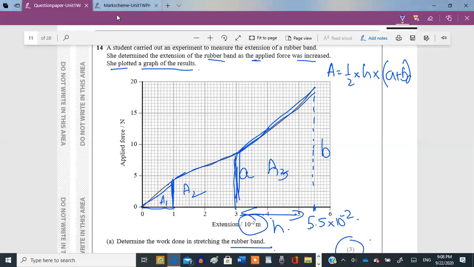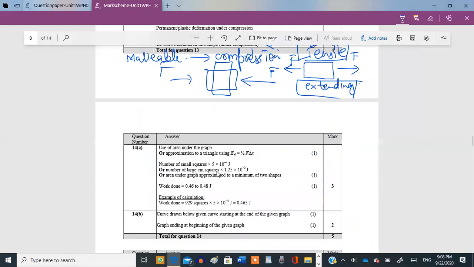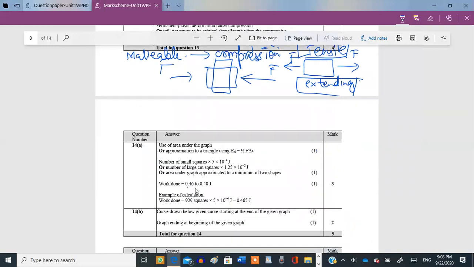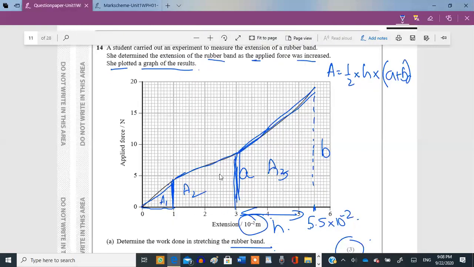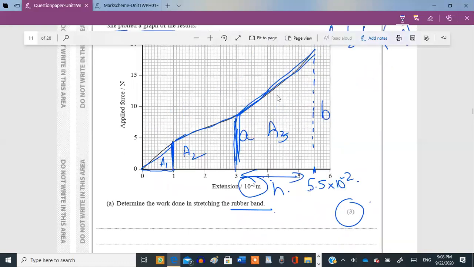And of course, the marking scheme will give a range of answers for this because this is not going to be an accurate answer. See, a range is given from 0.46 to 0.48, right? Try to be as close as possible, or try counting the number of boxes. If you think some part is missing out, each box will represent a certain area.